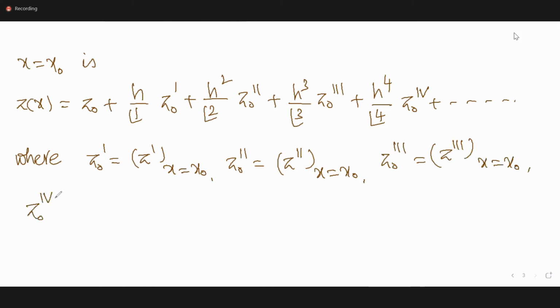And z naught fourth derivative is nothing but the fourth derivative of z at x is equal to x naught. So the expansions of y and z contain their initial conditions, such as y naught dash, y naught double dash, z naught double dash, z naught triple dash, etc.